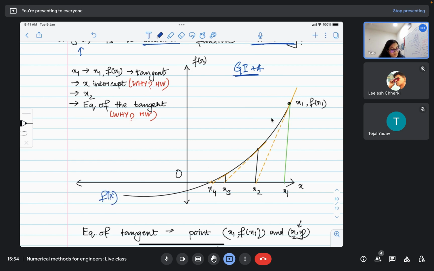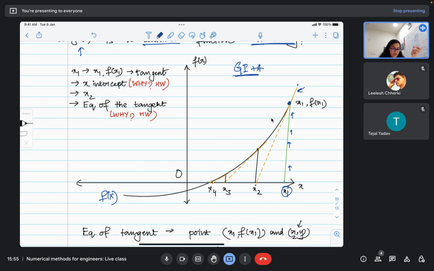Now what we will do is take one initial guess, which will be given to us in the question. With the help of this initial guess we will go towards the graph, towards our function f of x, and cut it at a point. At that point we will draw this tangent that you can see in the orange color, this straight line from this point to this point.